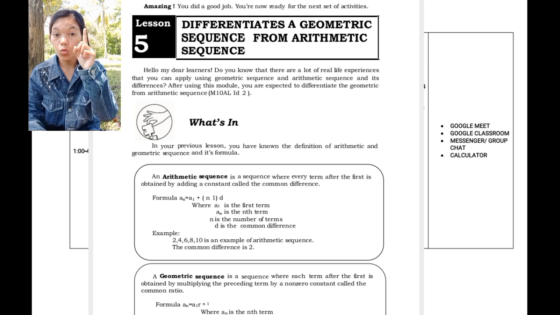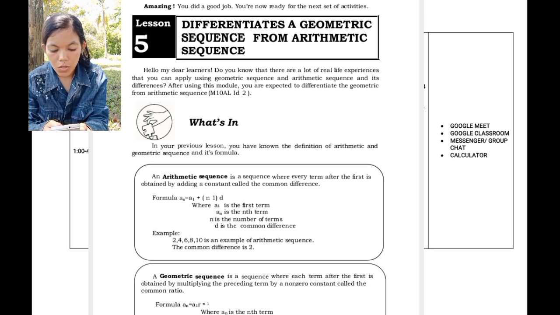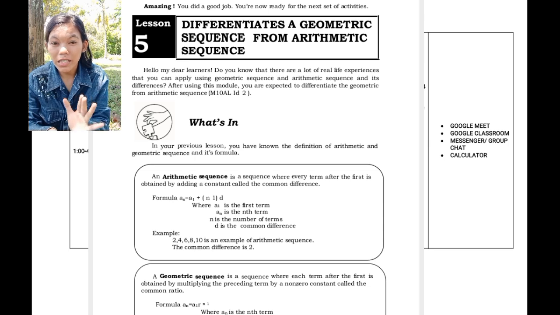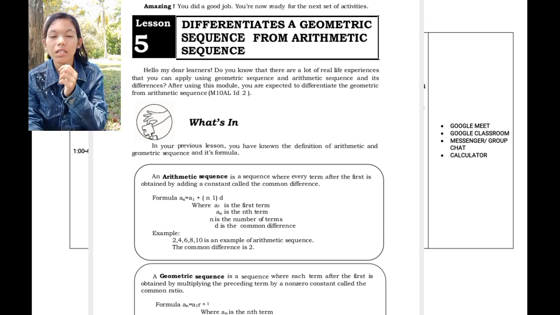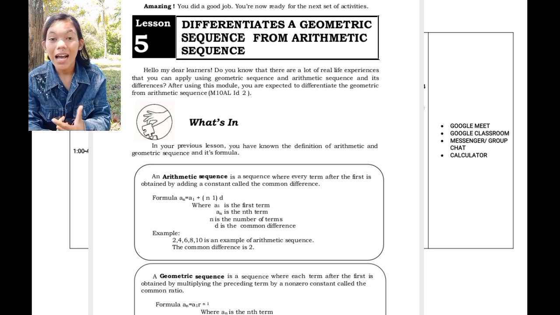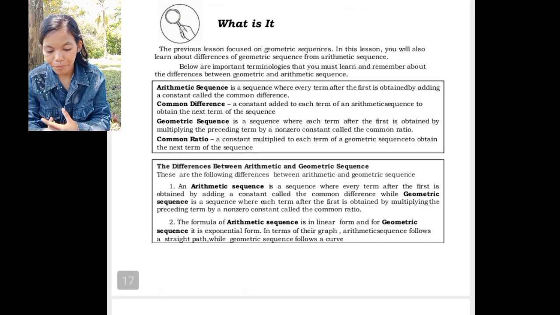So usa na sa differences. Ang ma-obtain nato nga by adding, atong ma-obtain is common difference ang tawag. So sa geometric sequence sad, ang tawag sa ana common ratio. Arithmetic sequence is a sequence where every term after the first is obtained by adding a constant called common difference.